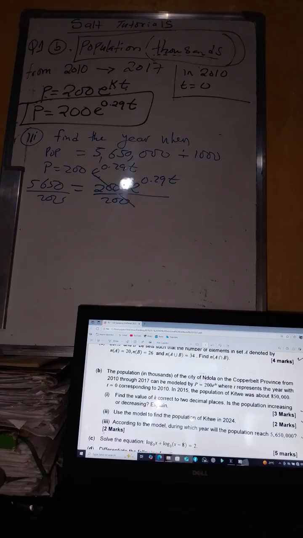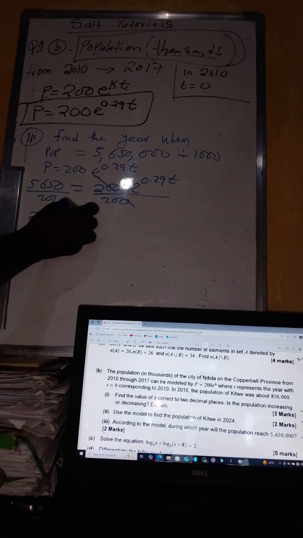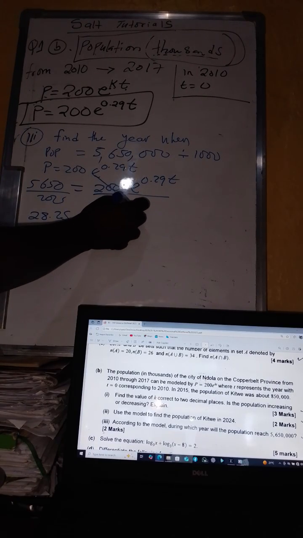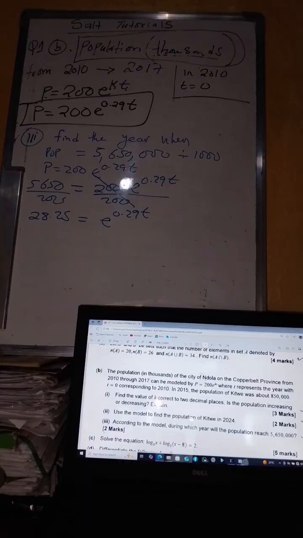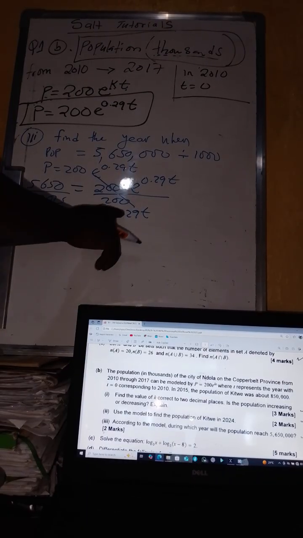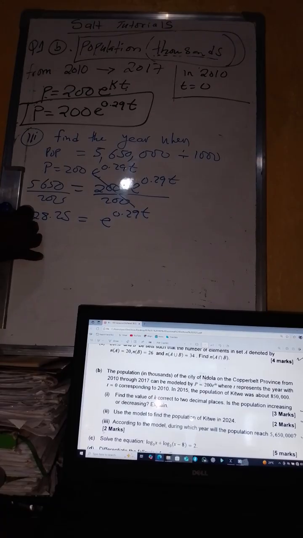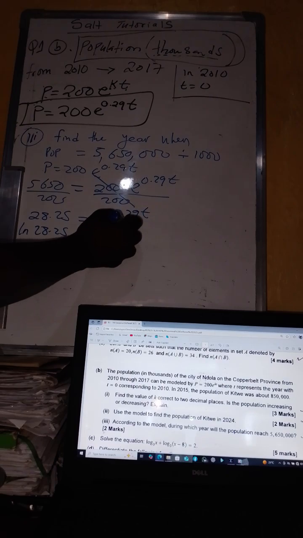So we are going to have 28.25, if I'm not mistaken. 5,650 divided by that, we're going to have 28.25 equal to e power 0.29t. Confirm, I don't trust my calculator. So applying logs on both sides, because the e here is the power, we're going to have the natural log of 28.25 equal to the natural log of e power 0.29t.